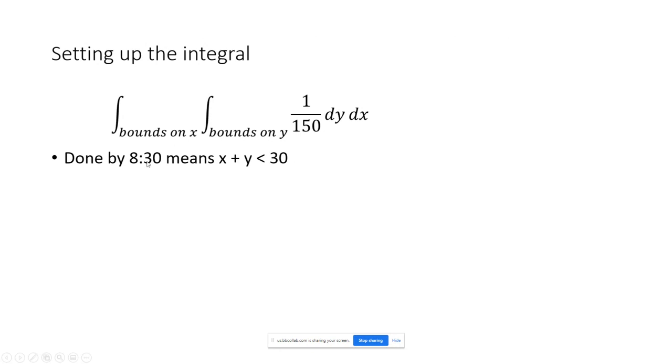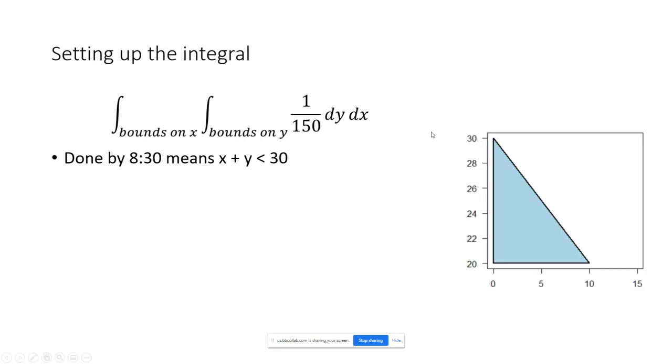All right, so if we want to be done by 8:30, that means that x plus y has to be less than 30. Agreed? So we can sketch the region where y is between 20 and 30, x is between 0 and 15, and then we have this additional constraint that we're interested in calculating the probability of x plus y is less than 30.